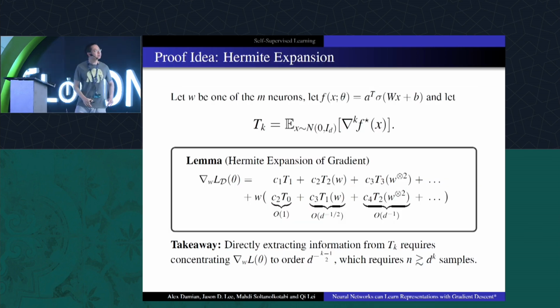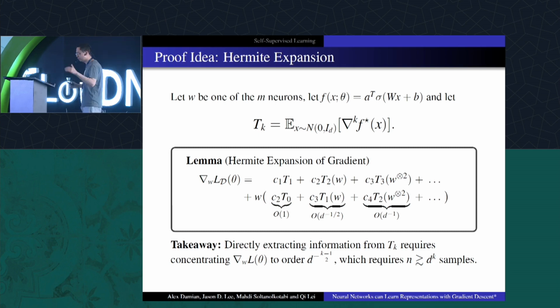Okay, so let me just sketch the proof. The idea is not too difficult. We're going to look at the kth Hermite tensor of the target function. That's very simple. That's actually just the expectation of the kth order derivative integrated over the data. Because the input is Gaussian, this also happens to be the Hermite coefficients of order k.